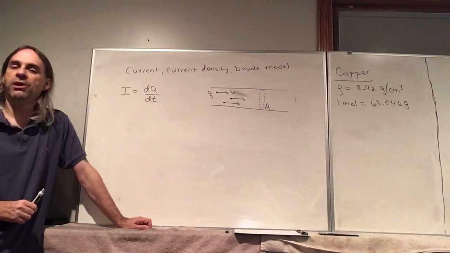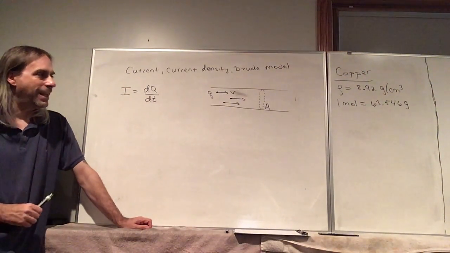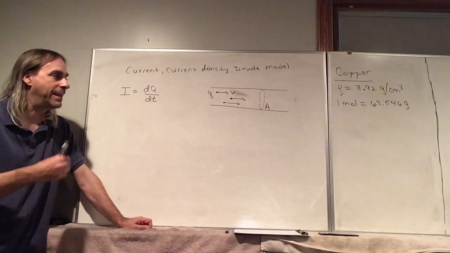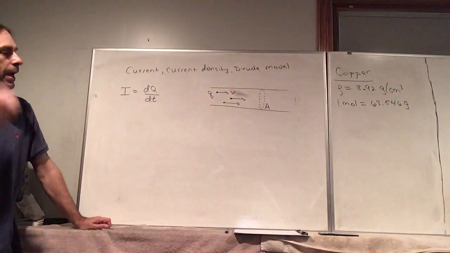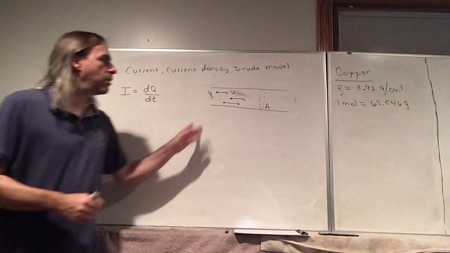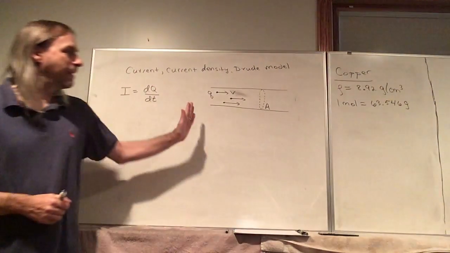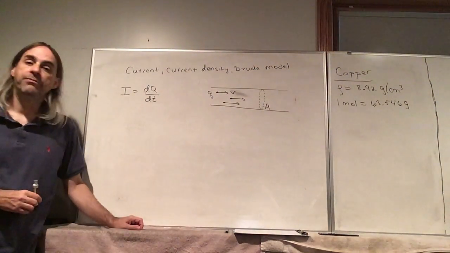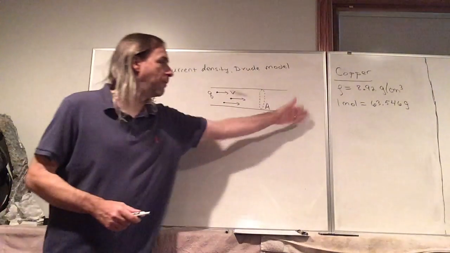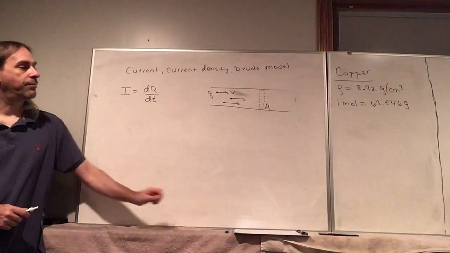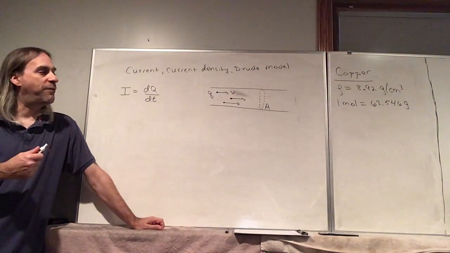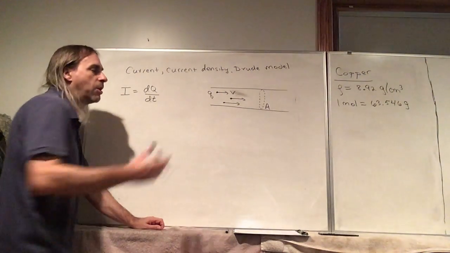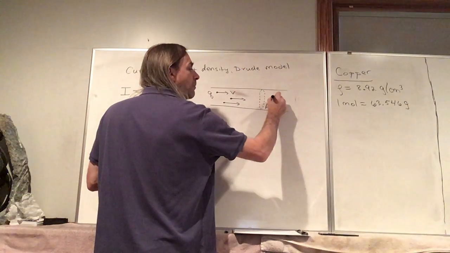Now we do have one little issue though. When we're looking at charges, there's two types of charges. We have positive and negative charges. And obviously, positive charges moving to the right, that's carrying positive charge in the direction to the right. Where we have negative charges moving to the right, that's very different. And so we define current to have a direction.